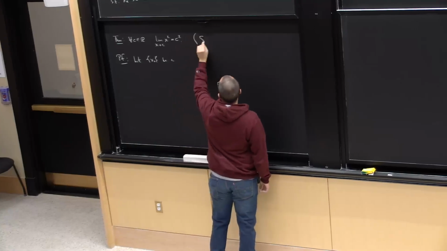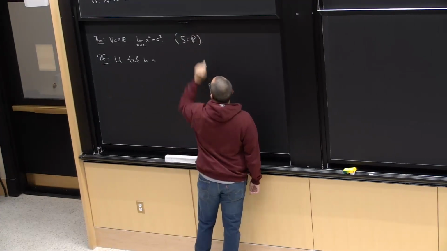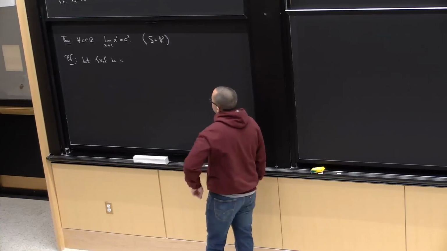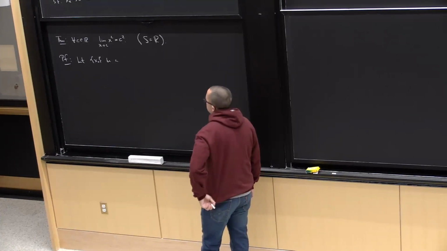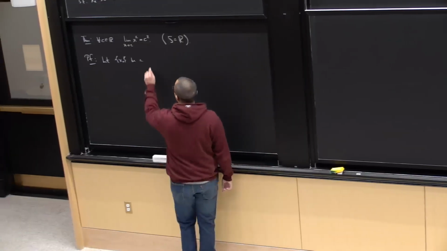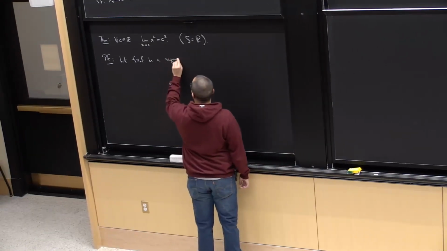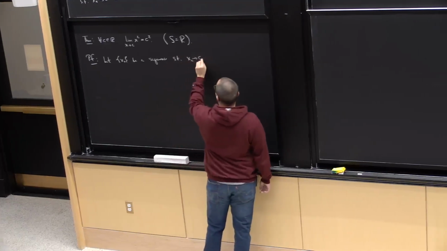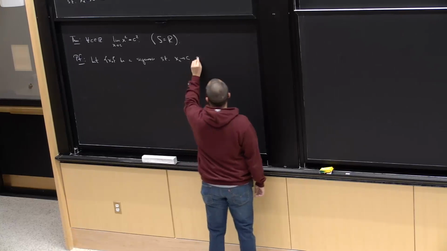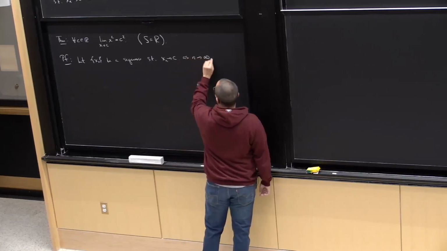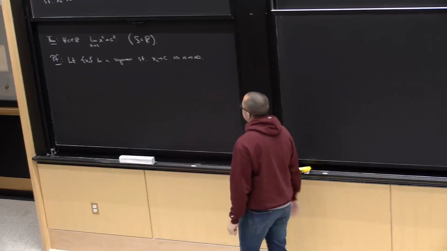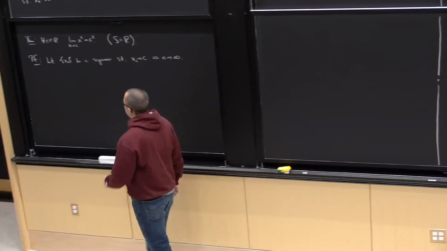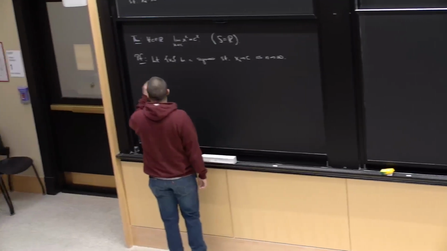For this theorem, since it's not stated, you should take the function to be f of x equals x squared, and the set S that it is defined on is equal to R. So let x n be a sequence such that x n converges to c as n goes to infinity. We now want to show that f of x n converges to f of c, where f of x equals x squared. But this follows from what we proved for sequences, right?